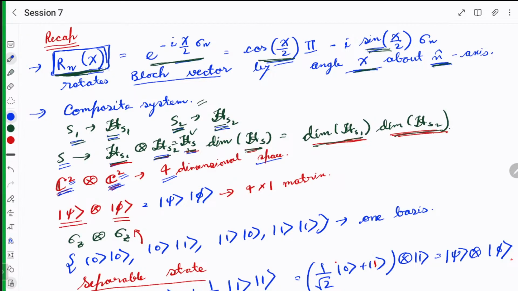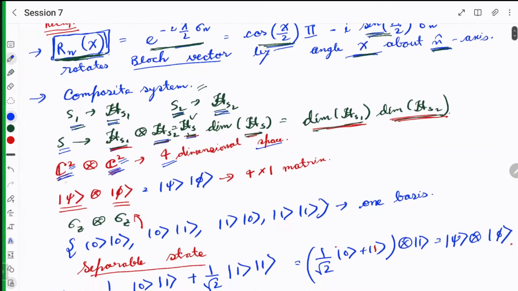And we saw that when the Hilbert spaces get tensor product, the states belonging to the Hilbert space also get tensor product. For C2, the individual elements are 2-by-1 column matrices, and when you take the tensor product, you get a 4-by-1 column matrix.